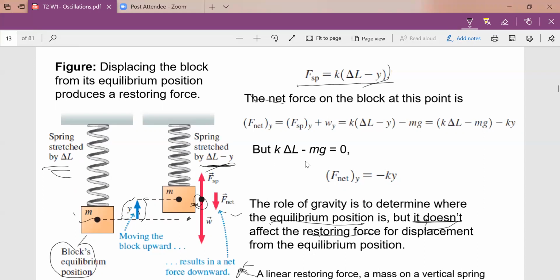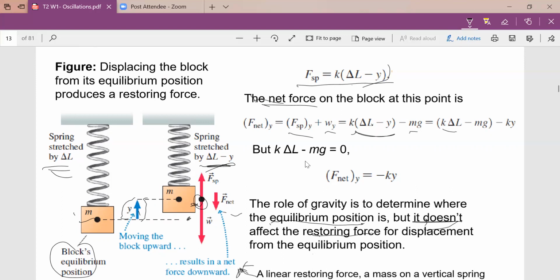So to get the net force in this system, we have the spring force plus the weight. This is the formula for the spring force as described from Hooke's law, minus the weight. What we did was to open up the bracket here. K change in L, then K minus y.